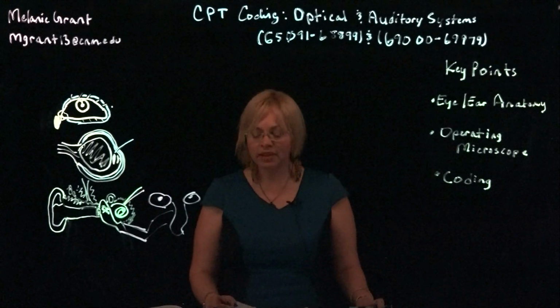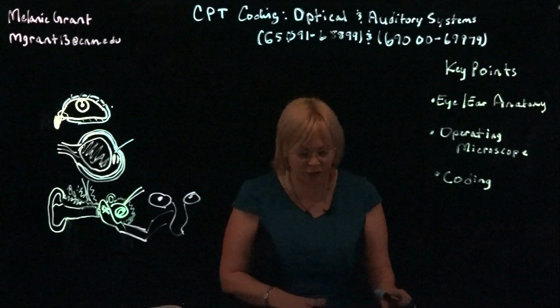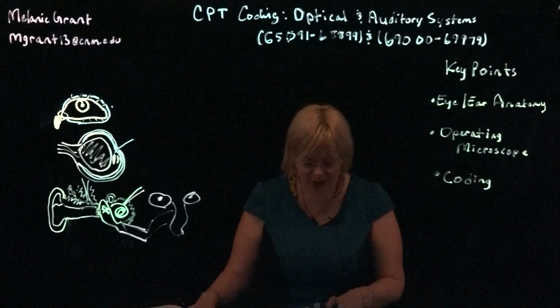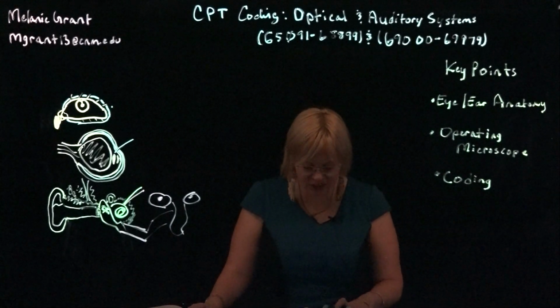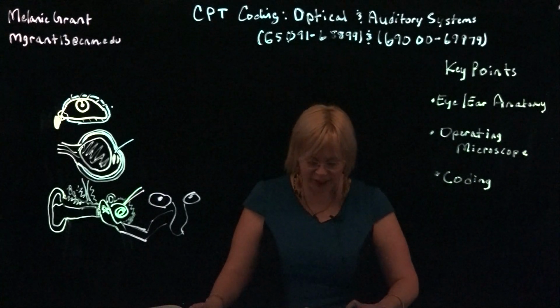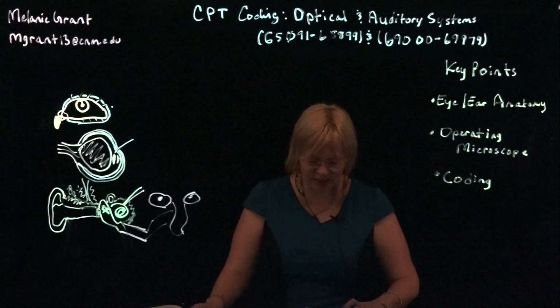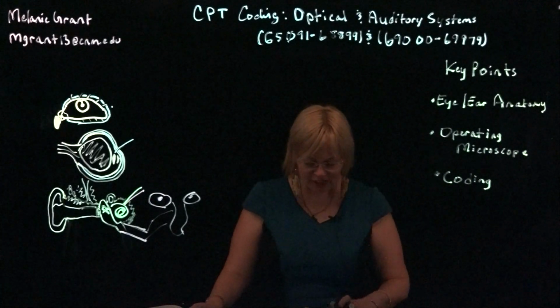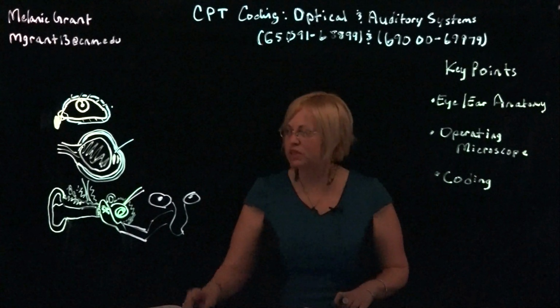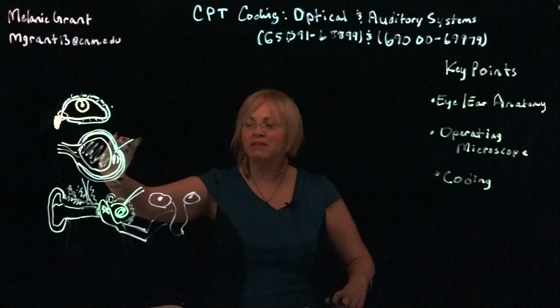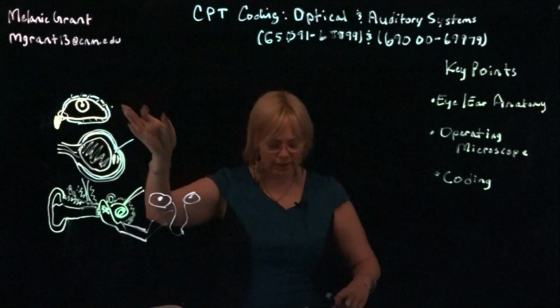That's everything that's included in the eye. When you look further into it, you have various procedures for the eyeball. Under the anterior segment, you include the cornea, anterior chamber, anterior sclera, iris and ciliary body, lens, intraocular lens, and other procedures. So that's this area of the eyeball, or the part that you can see.